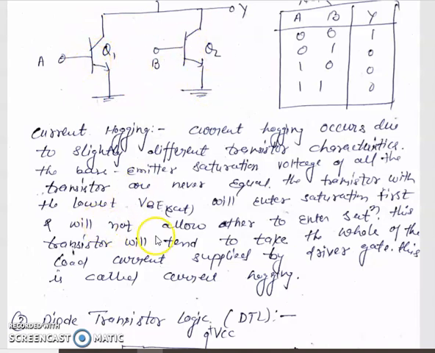So what happens? The one that goes to saturation first will not allow the other to enter saturation. This transistor will tend to take the whole of the load current supplied by the driver gate. This is called current hogging. So current hogging is represented by the direct coupled transistor logic.